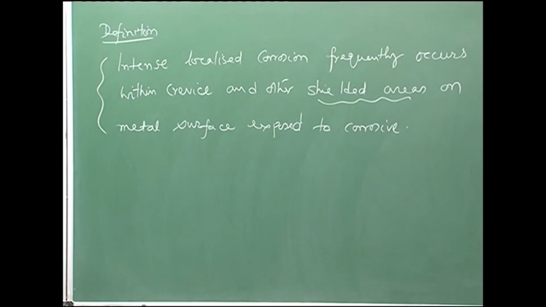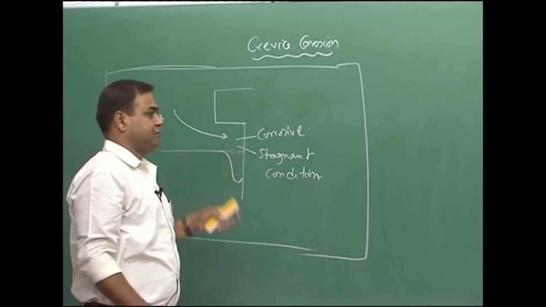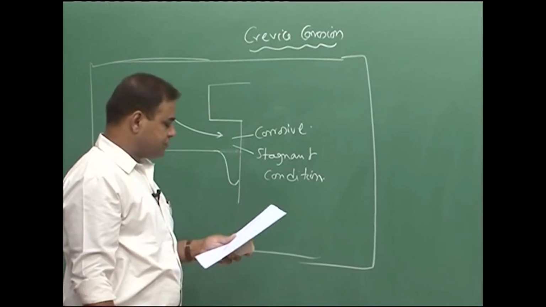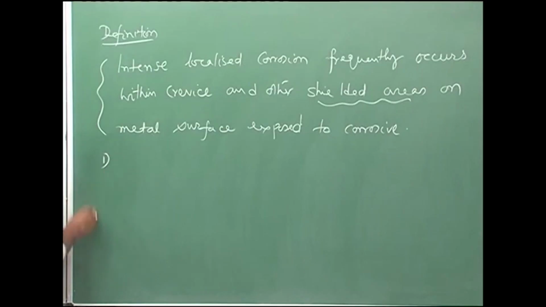And this type of corrosion, as we have already seen, is associated with the stagnant condition of the solution that is existing in the crevice. Now, what could cause crevice corrosion? These are the causes.